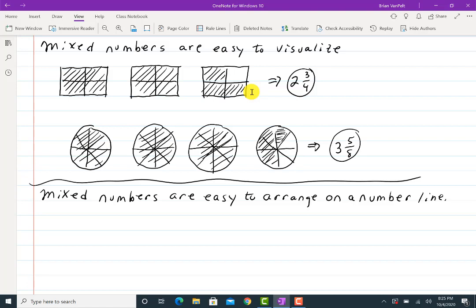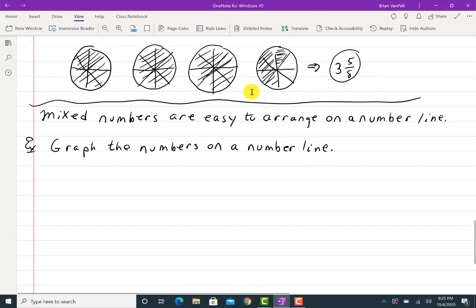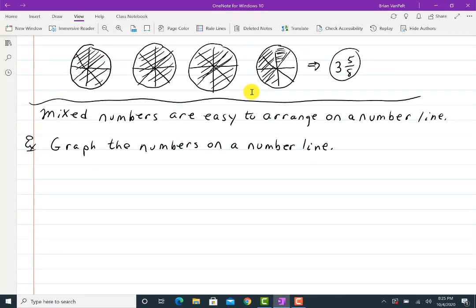So as an example, let me show you here. Let's graph the following numbers on a number line. Here I have 4 and 1/3.